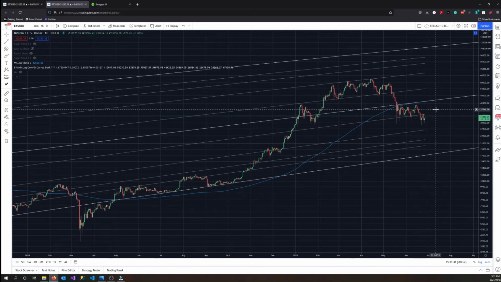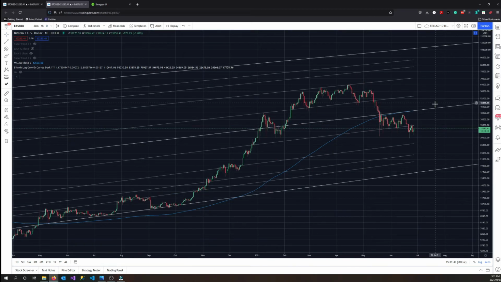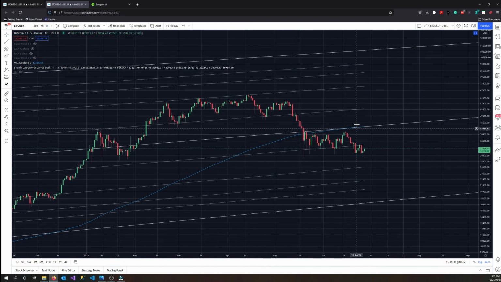Everyone uses it, and therefore it's something that I have to be aware of. But it's just so uncanny that the 200-day moving average happens to coincide exactly with that particular fib level. Okay, so if we see one more leg down, it won't go further down than, say, this $27,000 level.